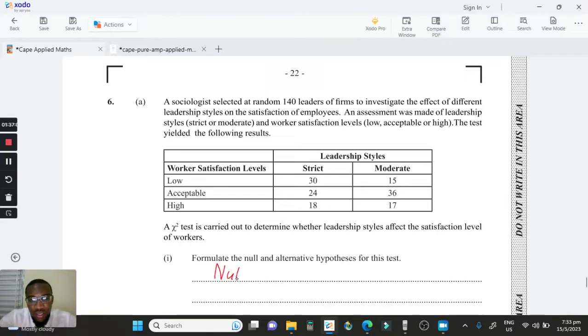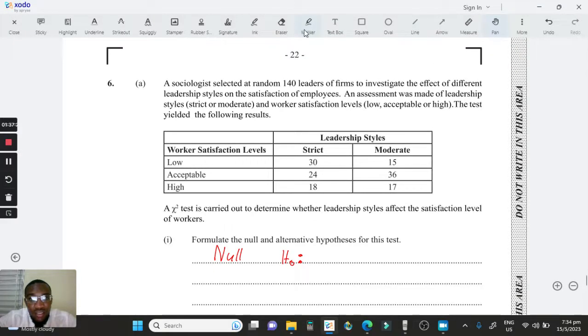The first thing we're going to write is our null, H0, and what we're saying is that we always have to first say that the leadership style doesn't affect the satisfaction of our workers.